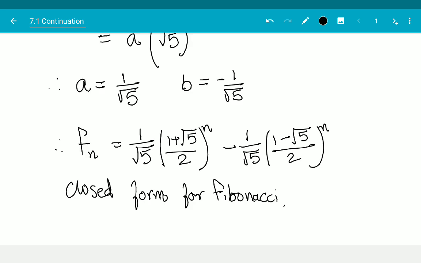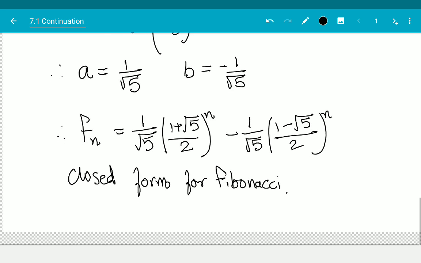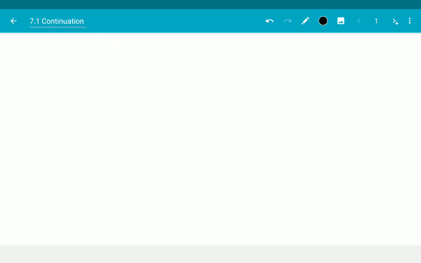Fibonacci. Okay? Now, I want to show another thing. Okay? That is a lemma.